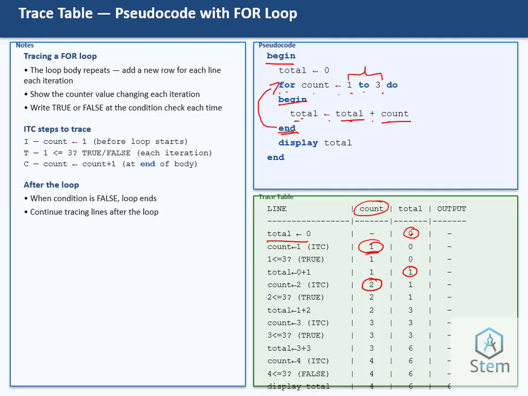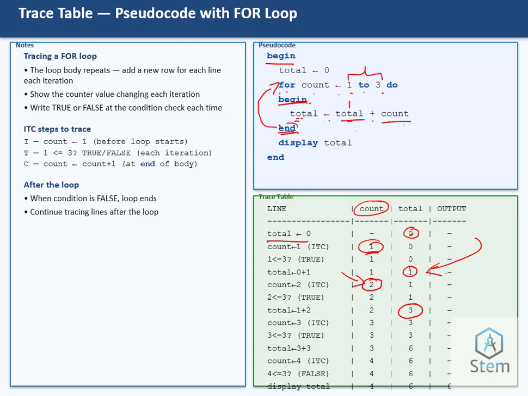We begin the for loop, total equal to old total plus count. So the old total is 1, we can see that here in our trace table, and count is 2, we can see that right here. So 1 plus 2, we get 3. So total becomes 3.